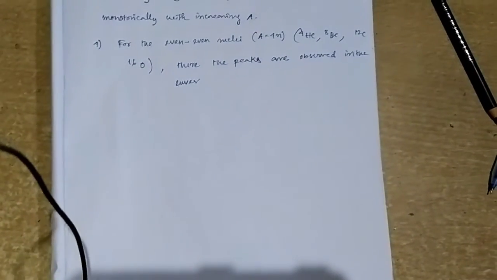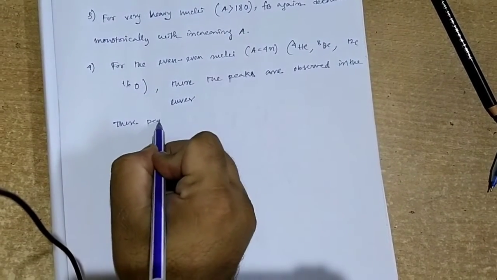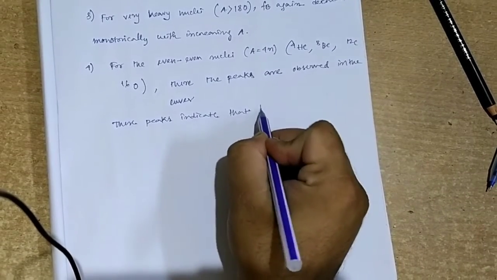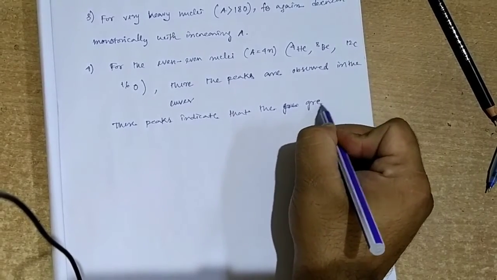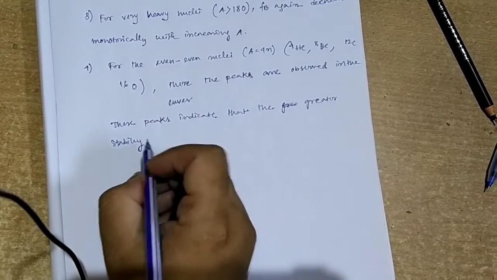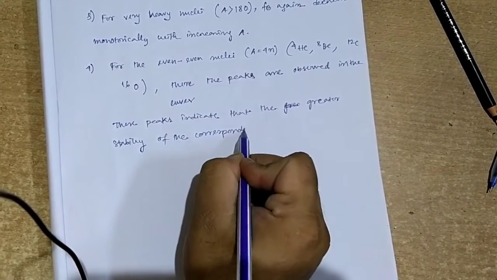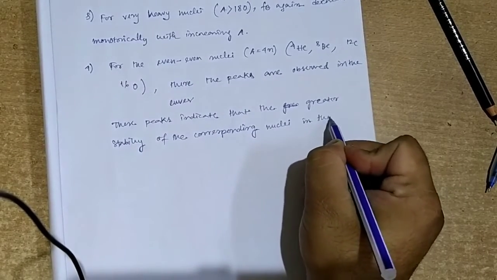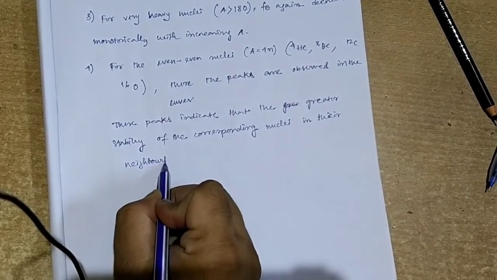These peaks indicate the greater stability of the corresponding nuclei in their neighborhood.